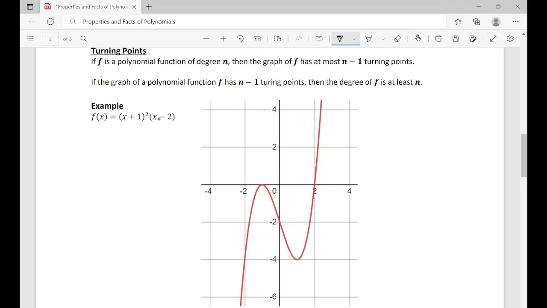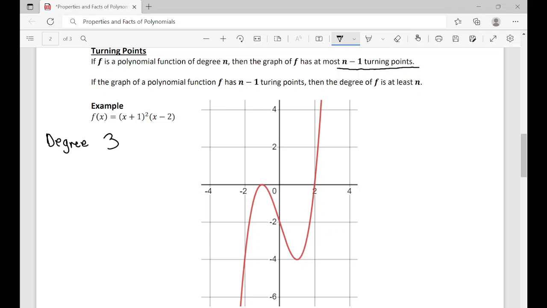If we were to work this all out, this would be a degree 3 polynomial, because this is going to be a square here and this will just be linear, so when we multiply together it'll be cubed. So because it has a degree 3, that means it has at most n minus 1 turning points.